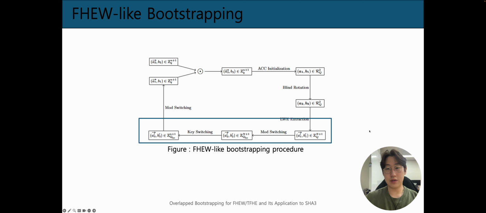And this step is necessary because FHEW uses two cryptographic problems, LWE and RLWE. During bootstrapping, the ciphertext is temporarily converted into the RLWE format. To return it back to the LWE format, which is used for regular computation, we need to switch both the modulus and the secret key accordingly.